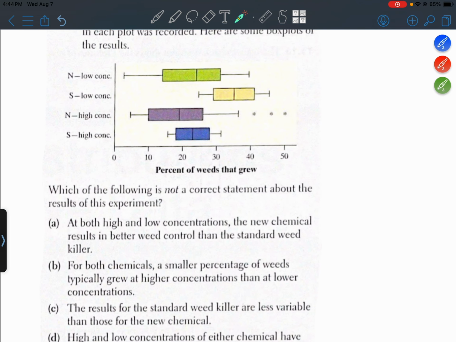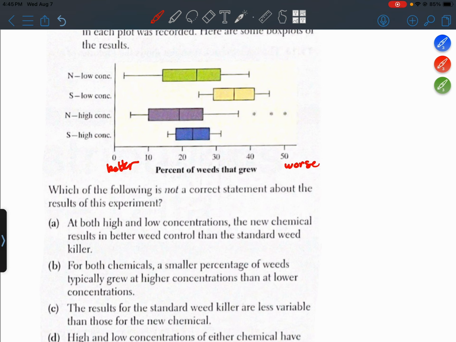At both high and low concentrations, the new chemical results in better weed control than the standard weed killer. Okay, so we need to figure out what is better. Is better having a higher percent of weeds grow or a lower percent? 0 is better. We want 0 weeds growing. 50% is worse.